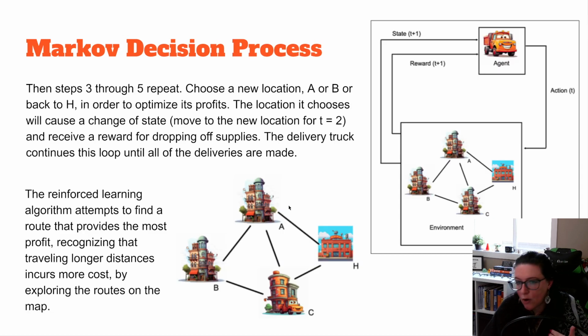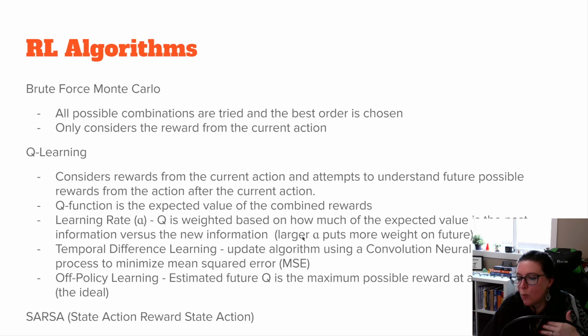So if I go from home to A, I get my reward in A, then what are the future routes I could take? I could go to B and get this reward. I could go to C and get this reward. I could go back home and get nothing. So it's trying to look at not just the reward right now, but the reward from the actions that will come after the current action.